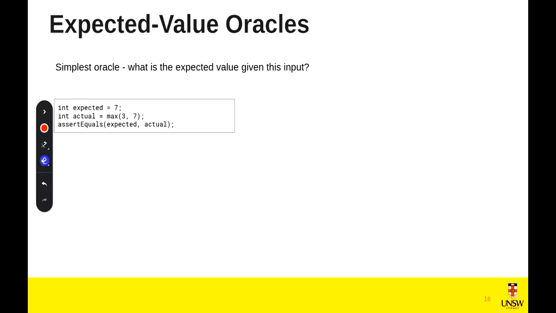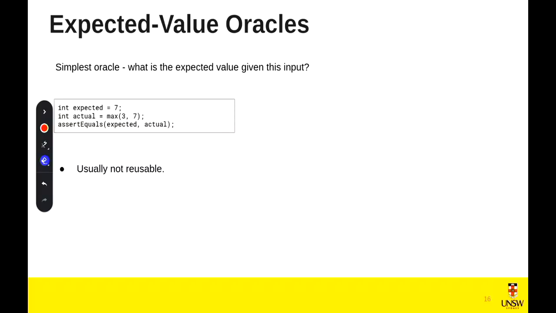For example, for the function calculating the max value of any two integers, we can specify the expected value according to the semantics of this function. And then we can do this assertion to check whether the expected value is correct or not.